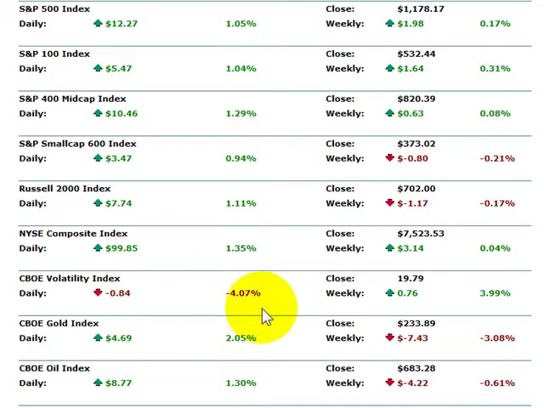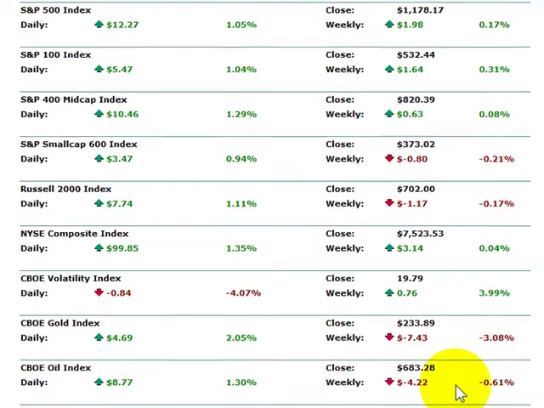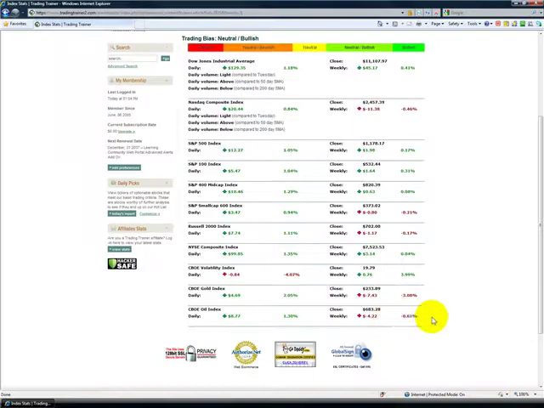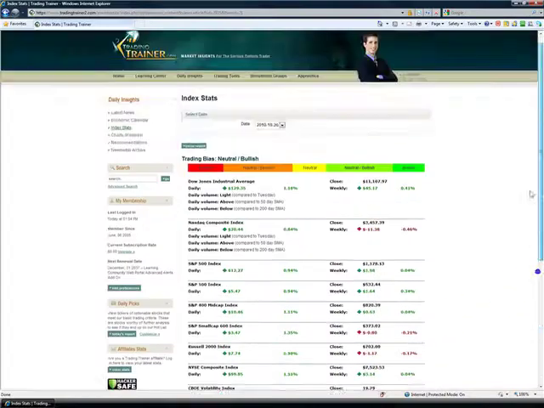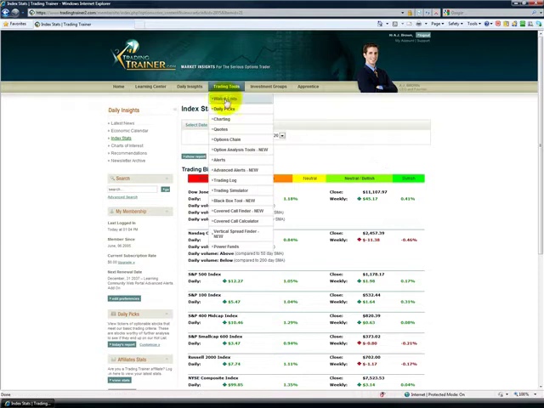Volatility fell 4.07% to 19.79, again below the 20, barely. Gold gained 2.05, oil 1.3%. You'll see here that it's the small caps and the commodities that did not come out of being negative for the week yet. Okay, let's move on to our watch lists.